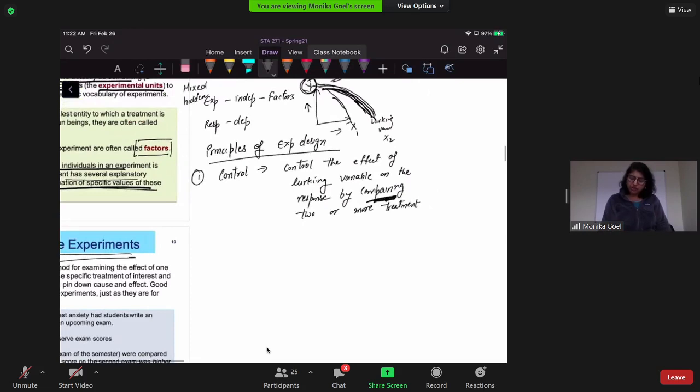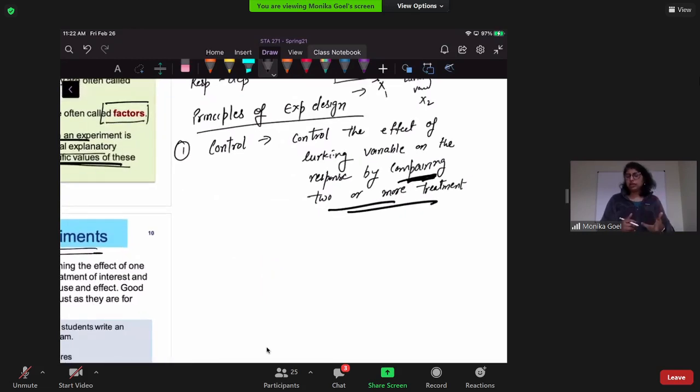So comparison, two or more treatment, depending upon how many treatment we have. Comparison, treatment and comparison, they both help us to control the effect of your lurking variable on response variable, and that will help us not to have confounding.